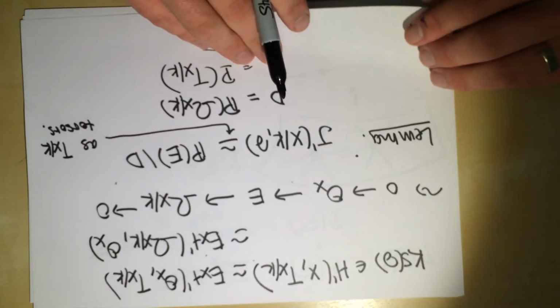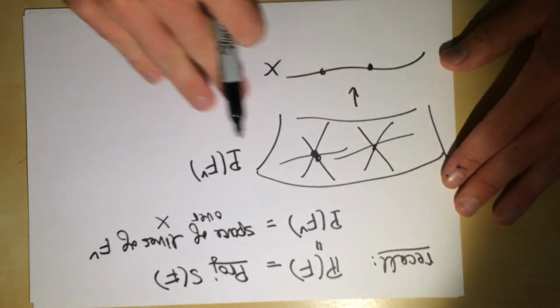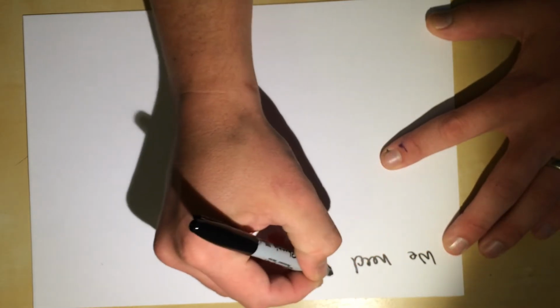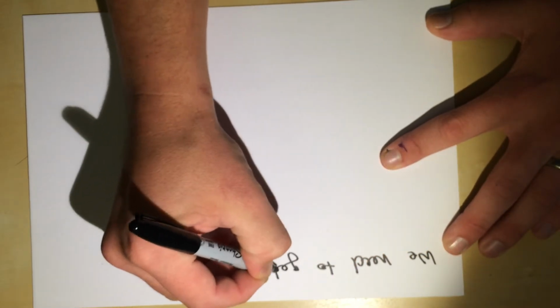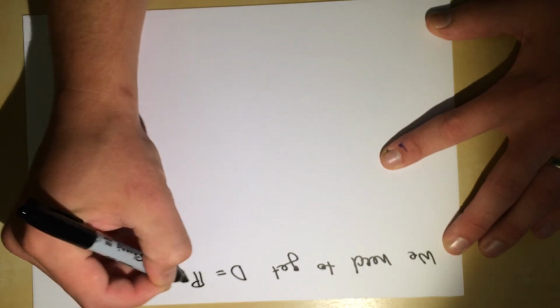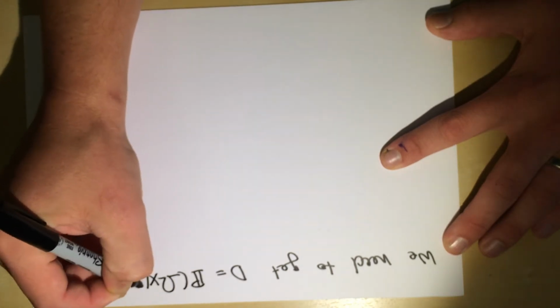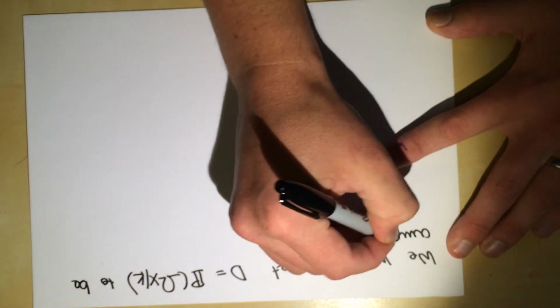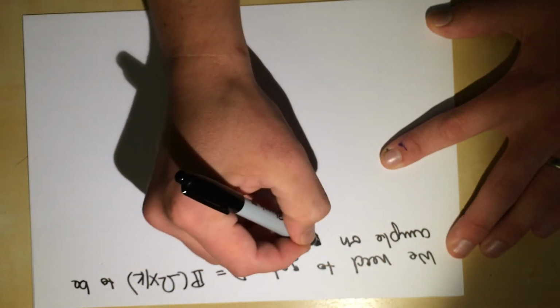And that's the idea of the proof. So we need some criterion for getting a D, which is this thing, to be ample on PE.